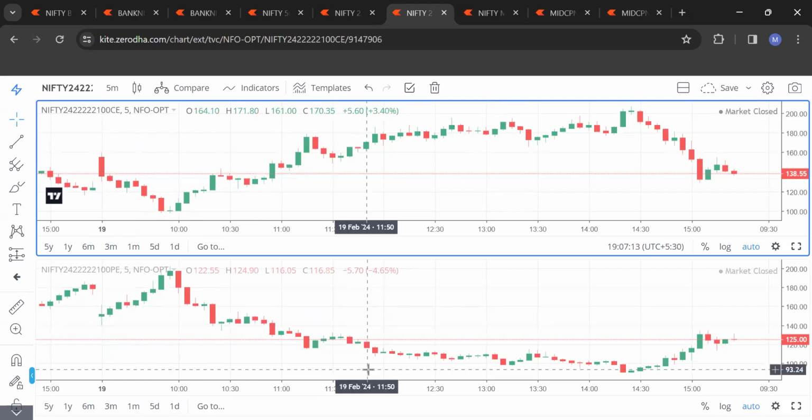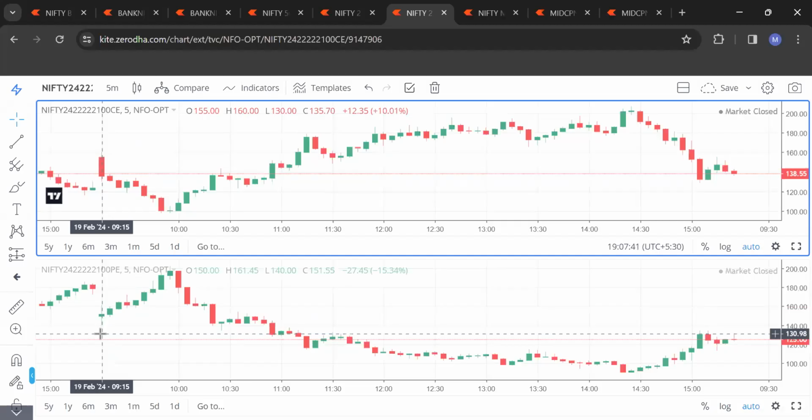I will just mark 140 and 160, 145. We just need to see the in-between price, between this high and low. That will be a common price. Simple as that. See this first candle, 161.45 and 140.